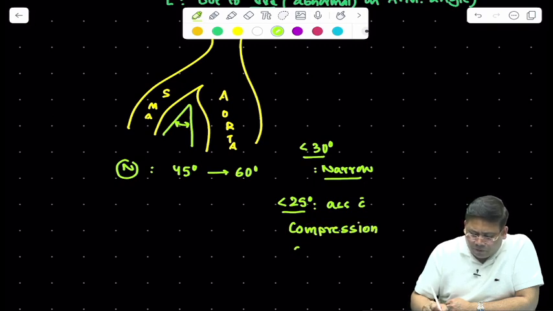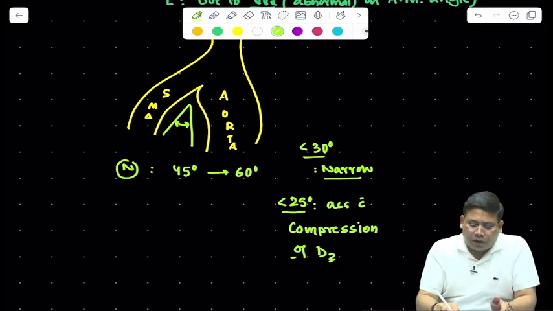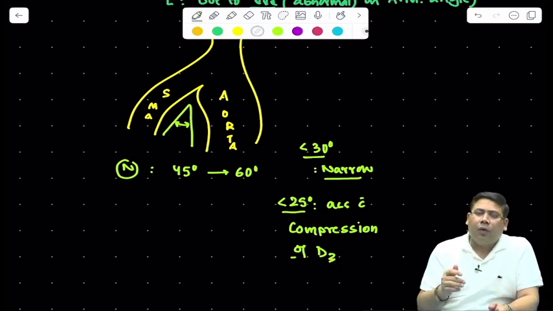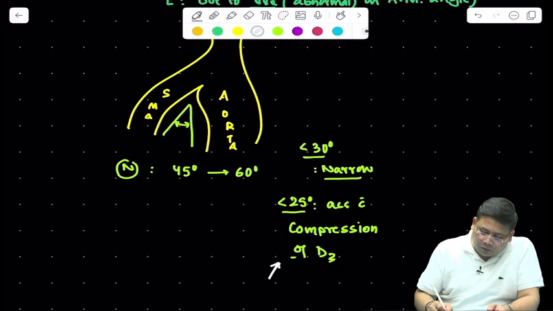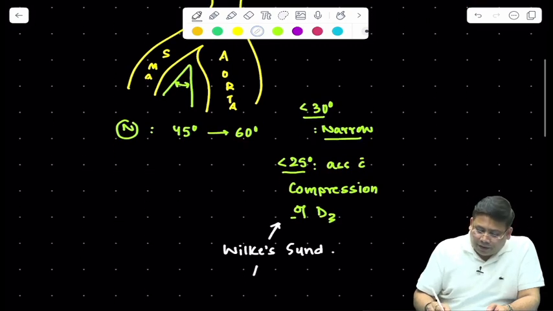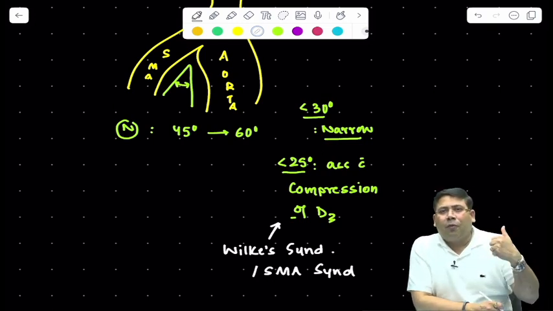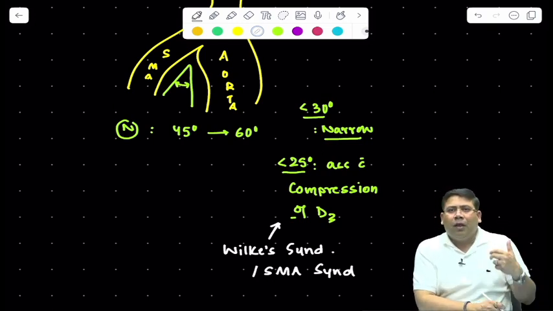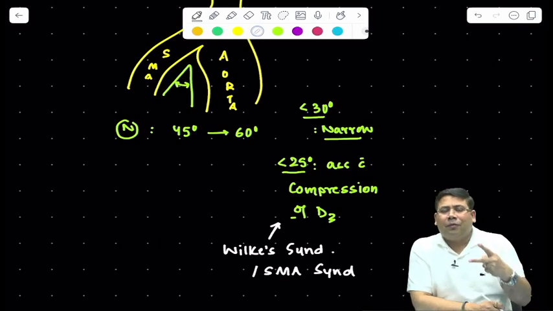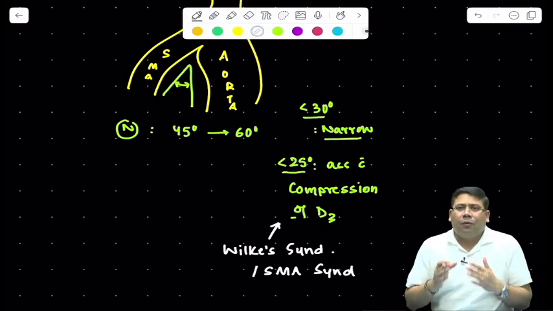And when you have the compression of the third part of the duodenum, then you have something which is known as what, students? Wilkie's syndrome. Or another name for this is superior mesenteric artery syndrome. So we have Wilkie's syndrome, cast syndrome, or superior mesenteric artery syndrome associated with an abnormal decrease in the aortomesenteric angle.